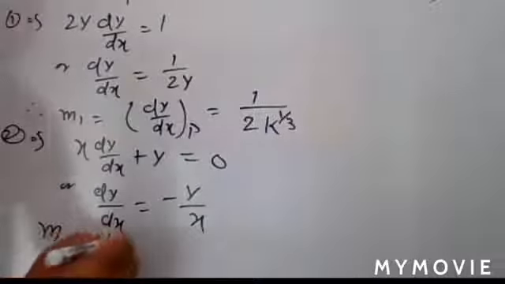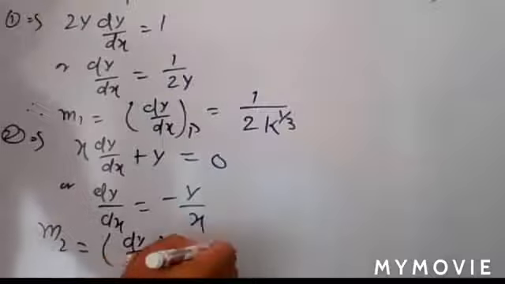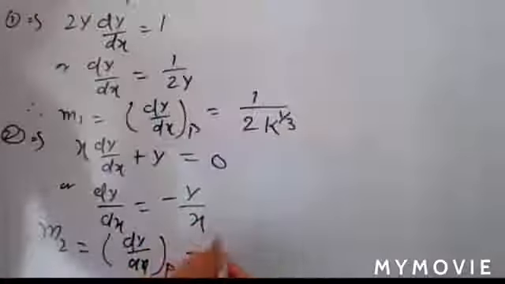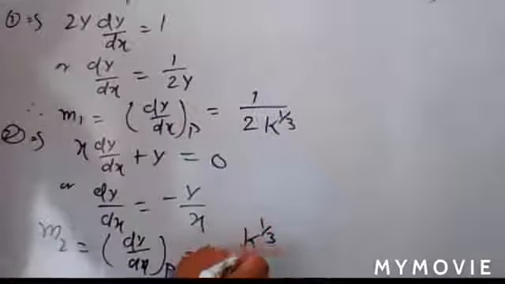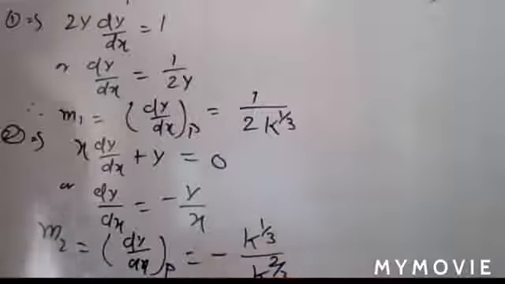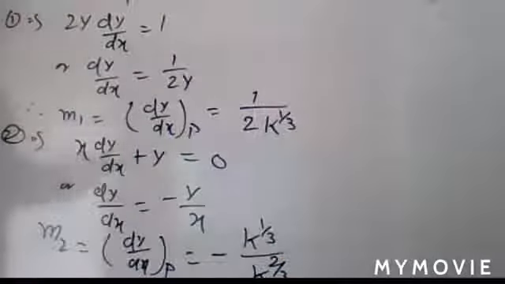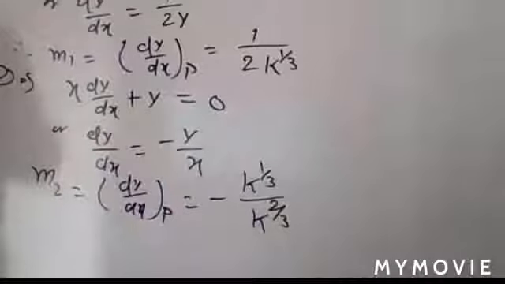The value of m2 is dy by dx at point P. So you have minus k to the power 1 upon 3 upon k to the power 2 upon 3.